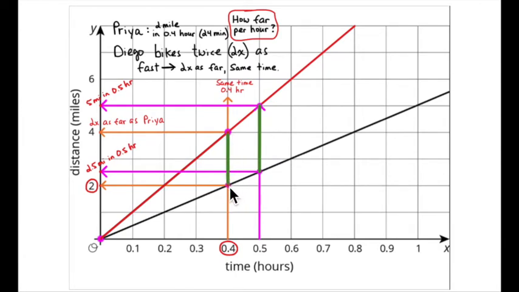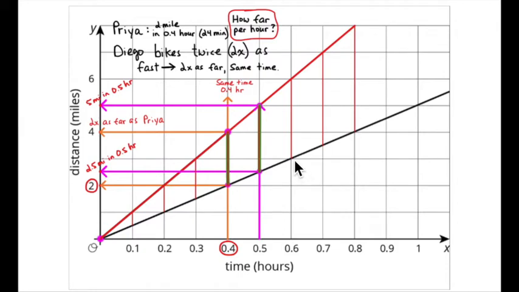So here Priya is 2 miles, Diego's 4 miles. Priya is 2.5 miles, Diego's 5 miles. Down here, Priya is 1 mile, Diego's 2 miles. Priya's 1.5 miles, Diego's 3 miles. Always going to be twice as far.